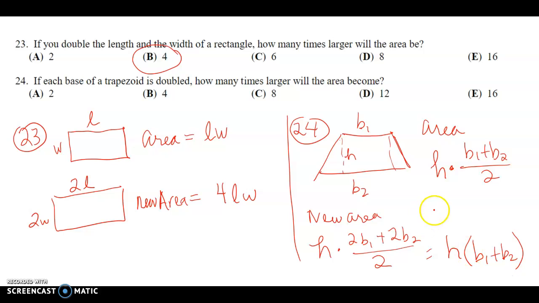How much bigger is the height times the sum of the bases than what we originally had, which was 1/2 the height times the sum of the bases? I am just factoring out the 1/2. Let's compare. If each base of the trapezoid is doubled, how much bigger is 1 than 1/2? It's twice as big, so our answer for 24 is A.